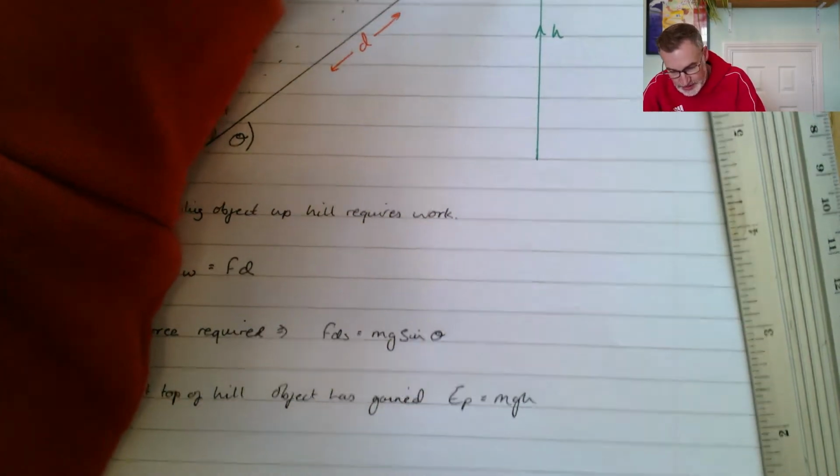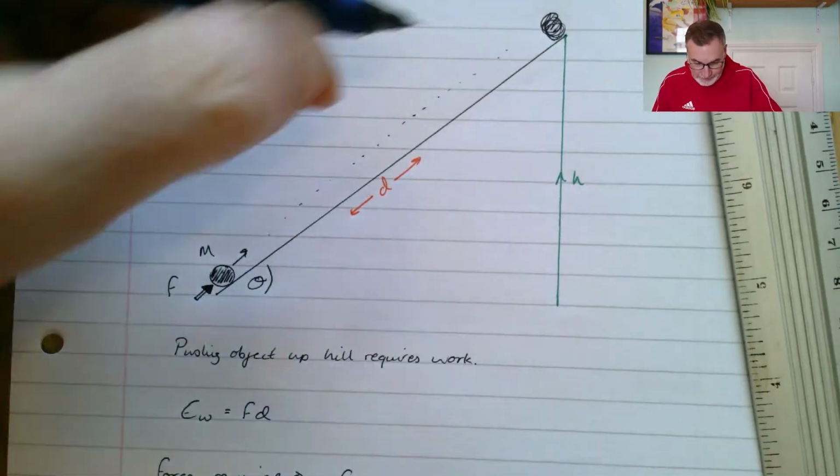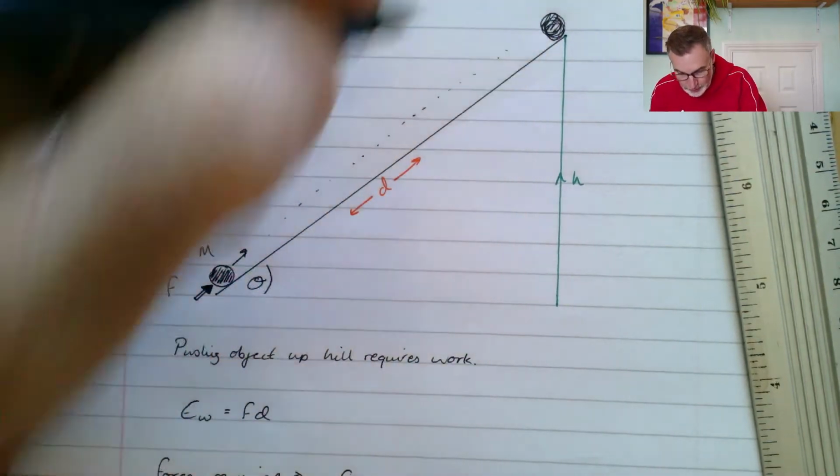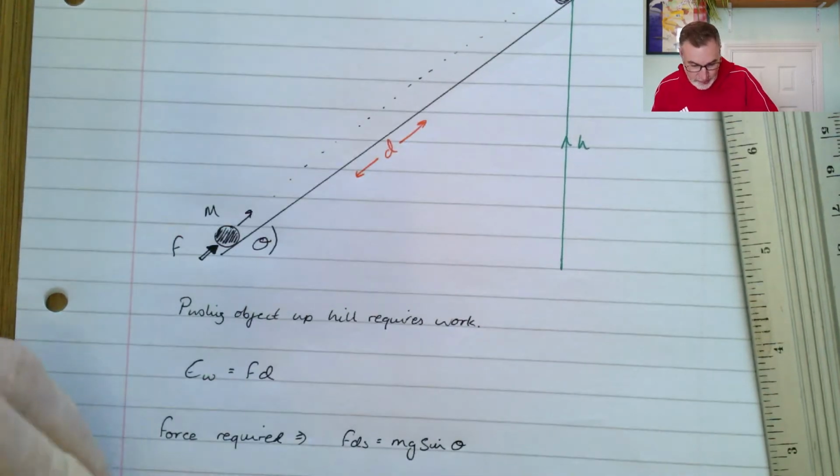So now this energy from the object at the top of the hill will be stored, and at some point then the object can be released back down.